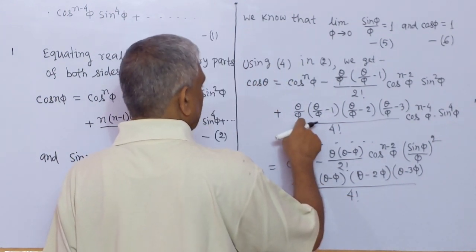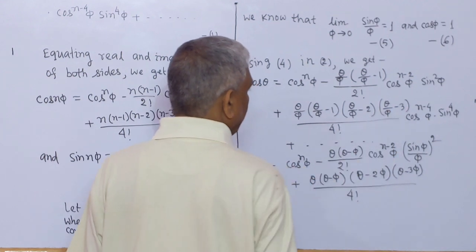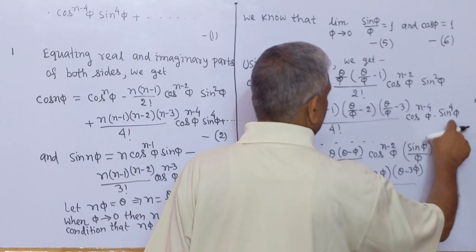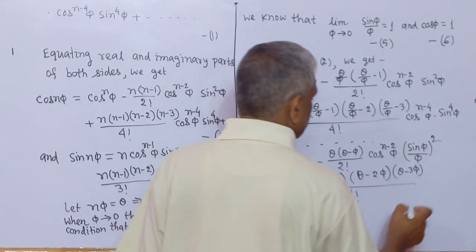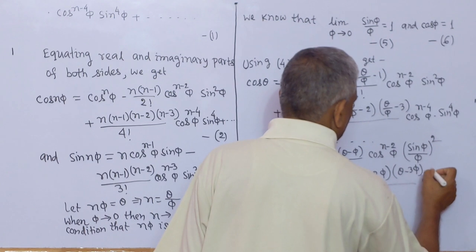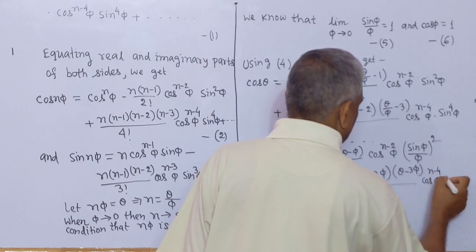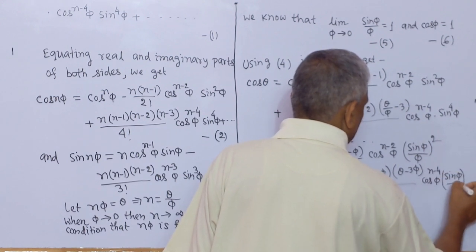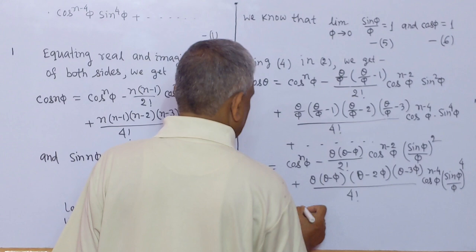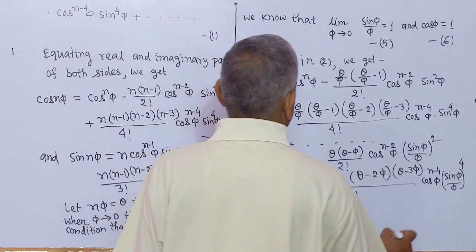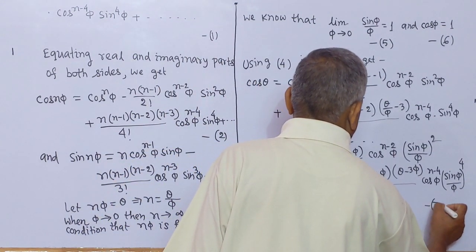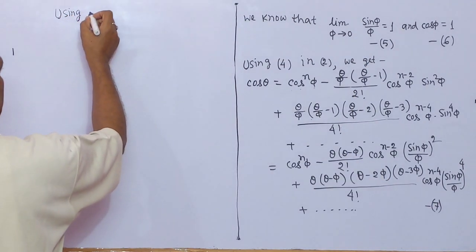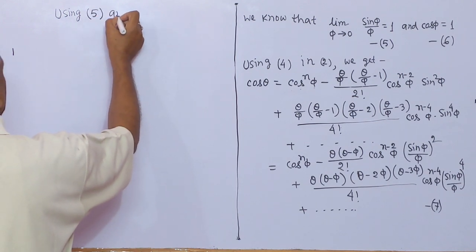Here we have four phi's, and we write these phi under sin to the power 4 phi, so we write cos to the power n minus 4 phi, (sin phi by phi) whole to the power 4, plus dot dot dot. Let this be number 7, using 5 and 6.